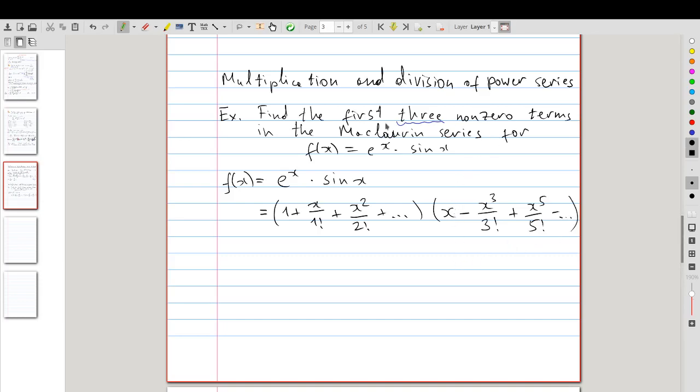Now, how do we find the first three non-zero terms? Well, we need to find the three terms with the lowest degree, right? So if you think of these two infinite power series as if they were polynomials, and you had to find the three terms of the lowest degree in the product of these two polynomials, it would be sufficient to just use distributive properties of multiplication, just distribute this product to determine these terms of the lowest degree, right?